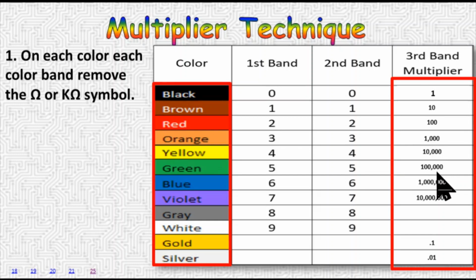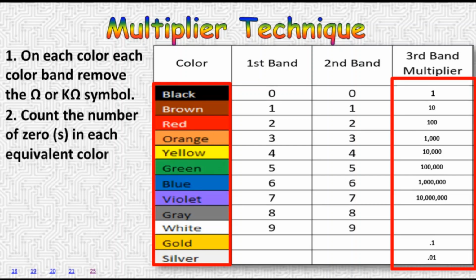Likewise with green na may 5 for 100,000. 6 sa blue na merong 1 million multiplier. So 6 ang zeros ng million, di ba? And then the violet, which is 7, kaya may 7 zeros din siya sa 10 million multiplier. Okay. Second, count the number of zero. Yun na nga yung ginawa natin in each equivalent color.